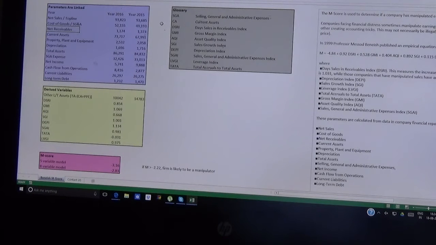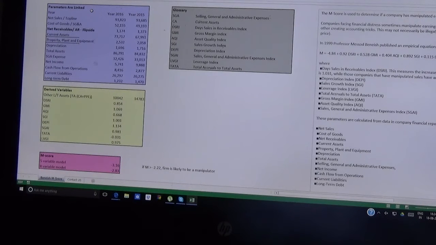Net receivable is nothing but your AR, which is accounts receivable. I mentioned this as a flip side. Then you have current asset, property plant and equipment.